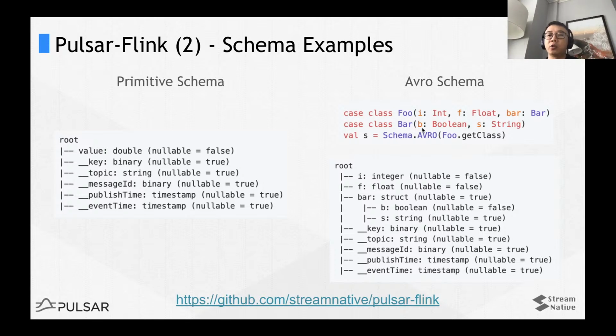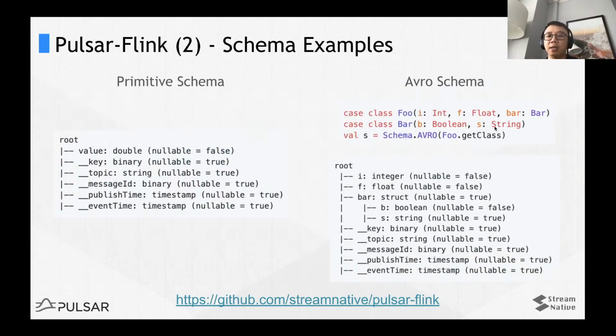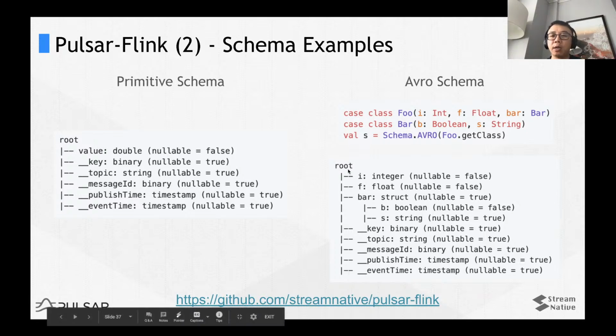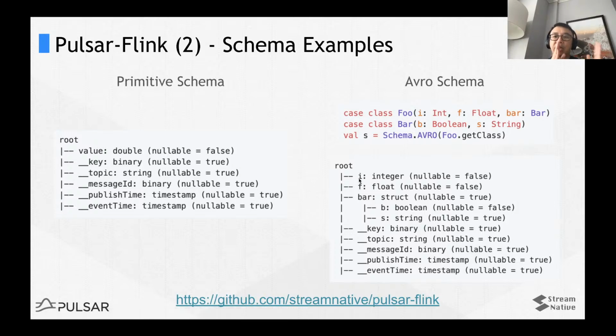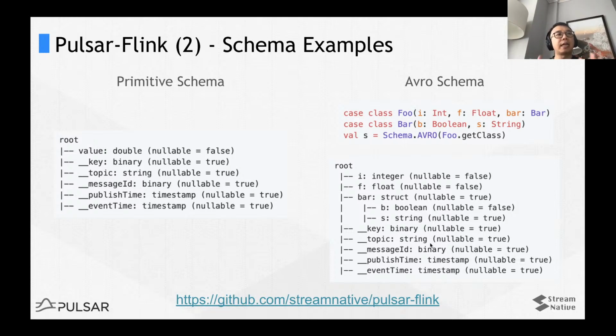And there are two fields in the Bar struct: one field is B and the other field is S. So when we convert this into a table, these will become individual fields in this table. And we still keep all the individual metadata here. So this is how we convert the Pulsar schema into Flink types.